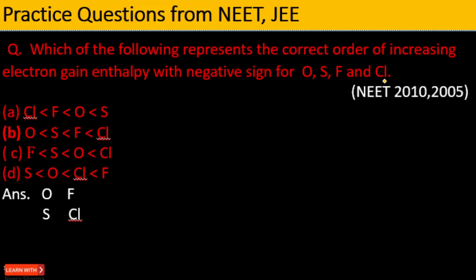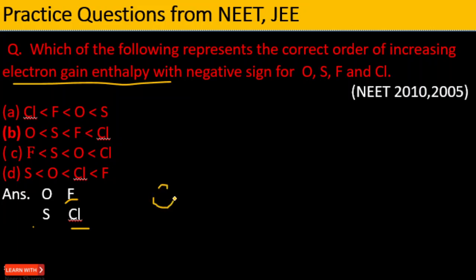Now if we see the position, oxygen is on top of group 16, and then we have sulfur, and then in group 17 we have fluorine, and then we have chlorine. Now we know that the electron gain enthalpy will decrease as we go down the group, but these are the two exceptions.